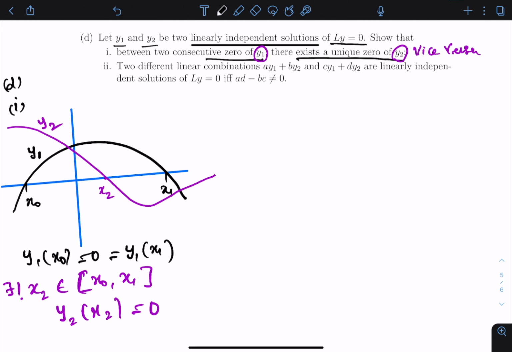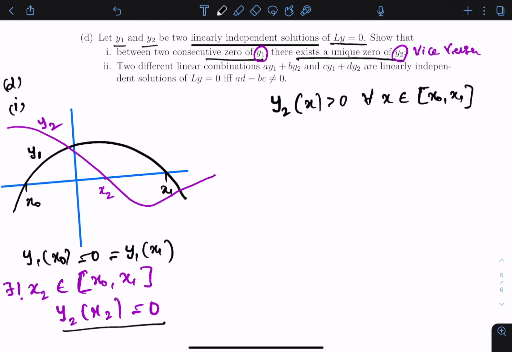So we will do the same thing as before and assume. We will assume that y2 of x is greater than 0 for all x in this interval, right? So we need to show that y2 attains 0.